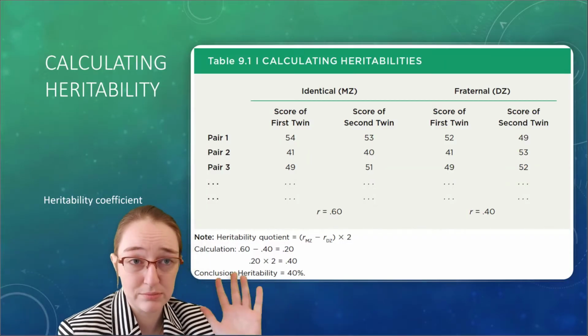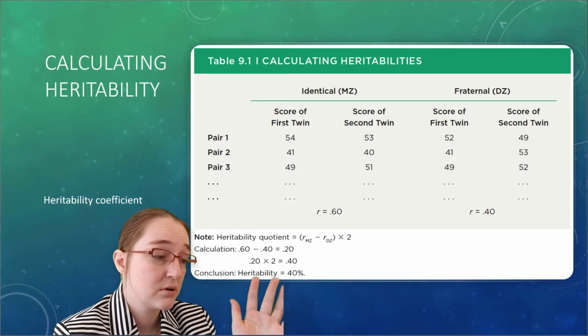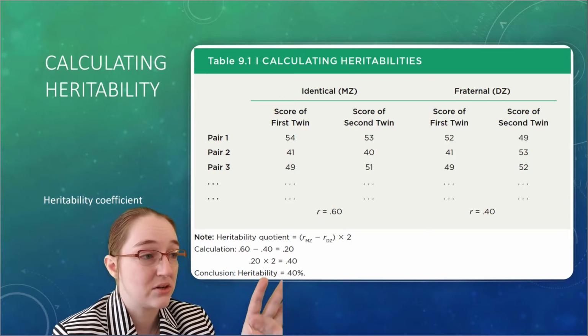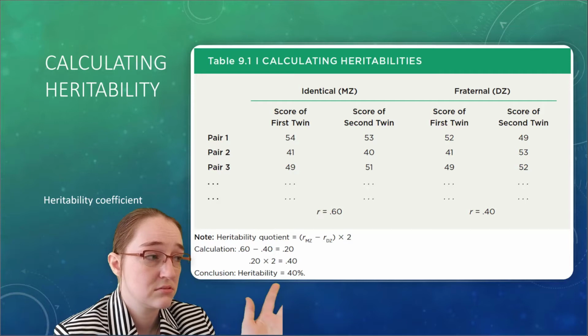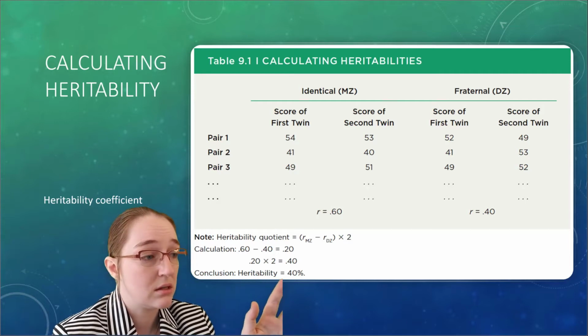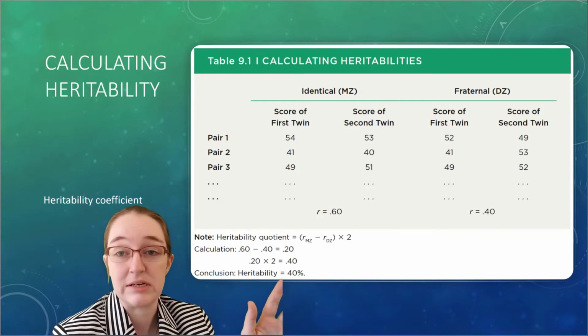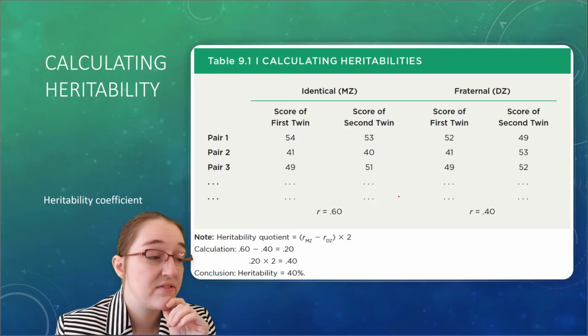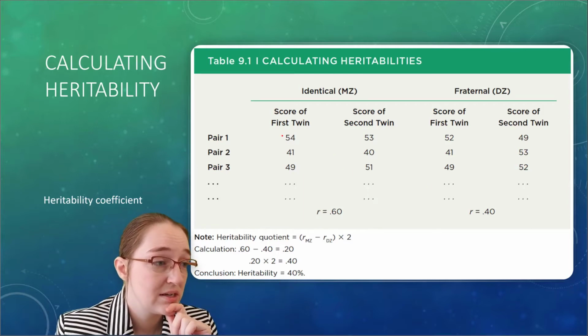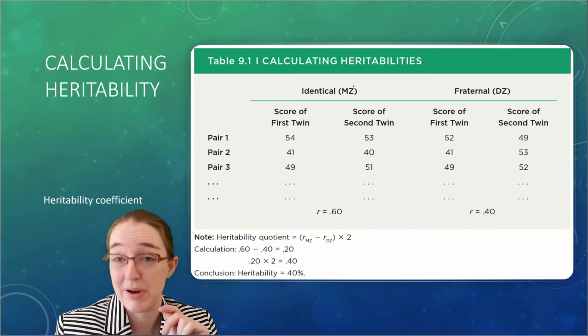Here we go. So here we have data looking at some trait. Let's call it personality. What we do is we calculate the correlation by group.